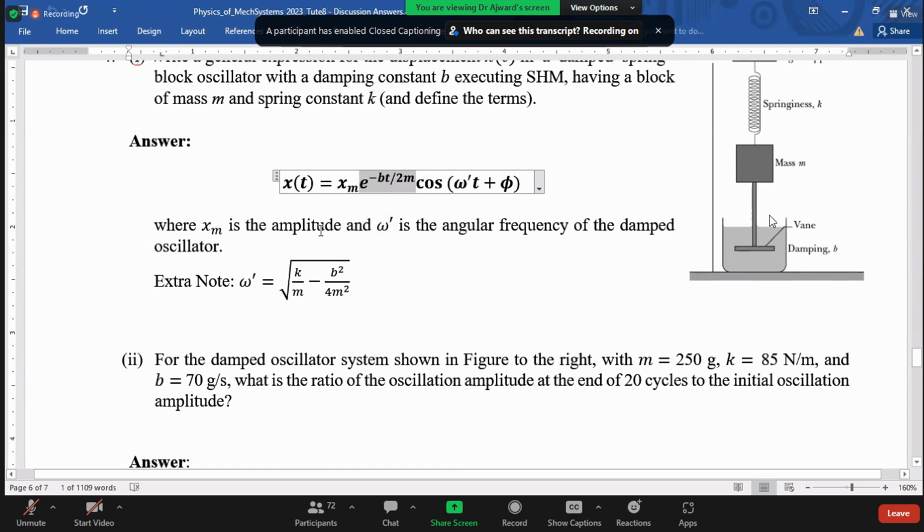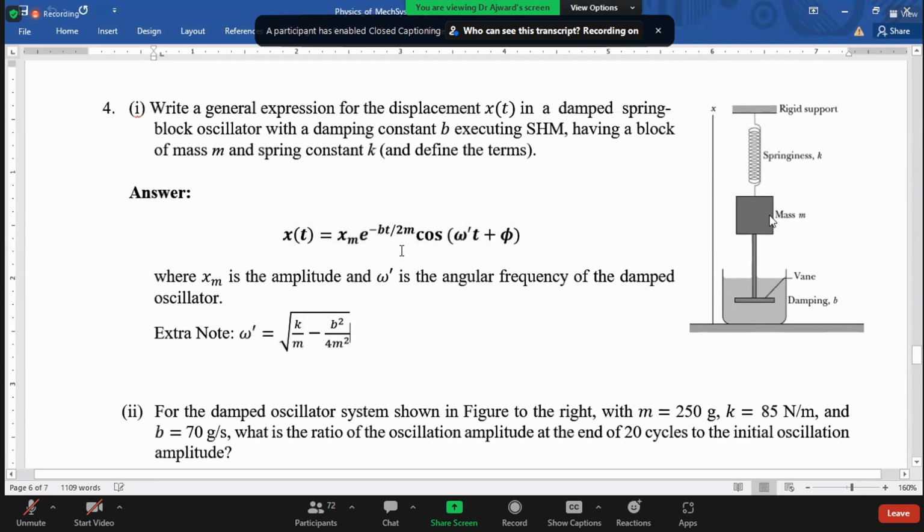And here the omega prime is given by this. That is the solution for the damped harmonic oscillator, where b is the damping constant. x_m is the amplitude, and omega prime is the angular frequency of the oscillation, right? Phi is the phase constant, and so on.